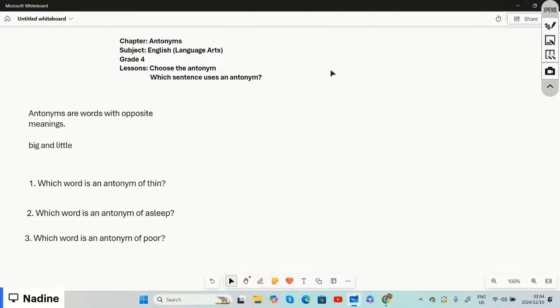The chapter is antonyms, our subject is English Language Arts, and we're doing grade 4.